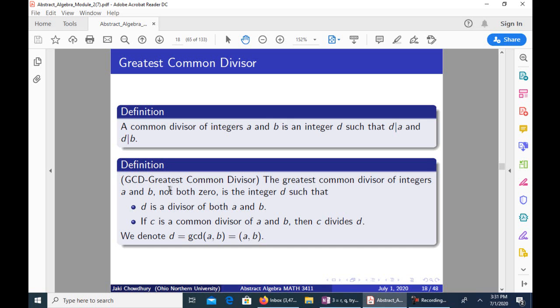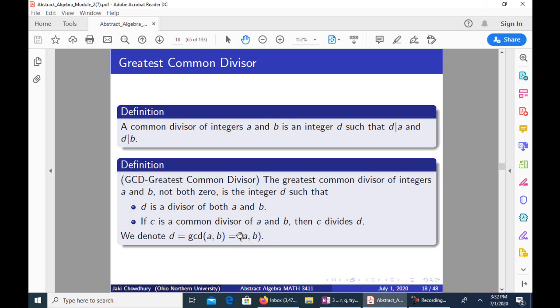We use the notation GCD(a, b) for the GCD d, so we express d as GCD, and then write a and b in parentheses separated by a comma. Sometimes we don't even bother to write GCD, we just write (a, b) within parentheses.